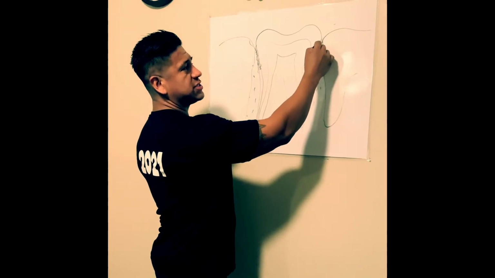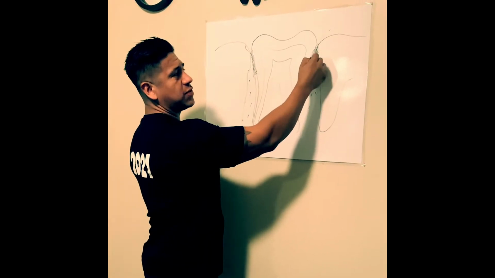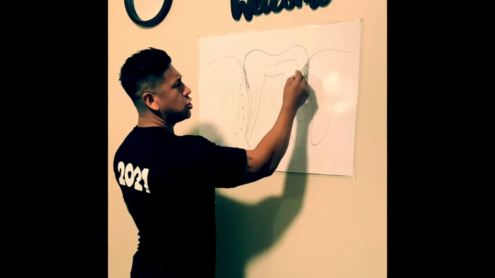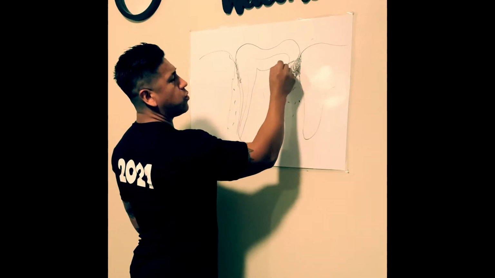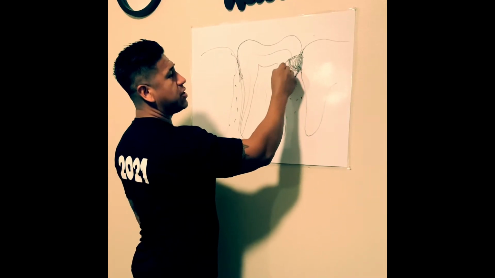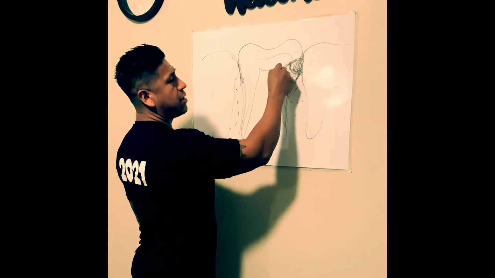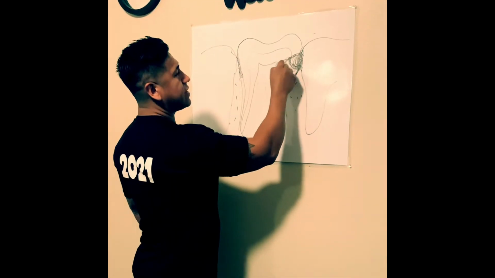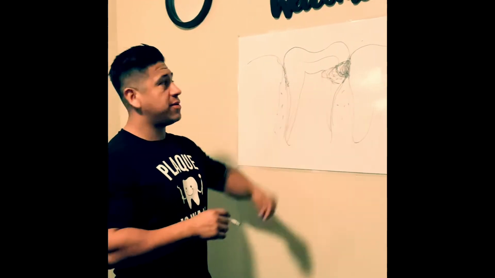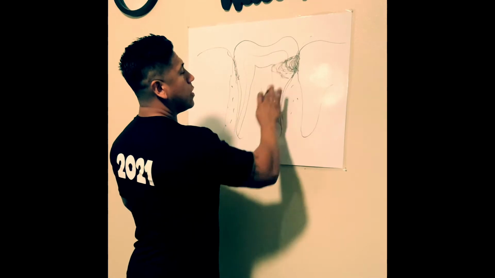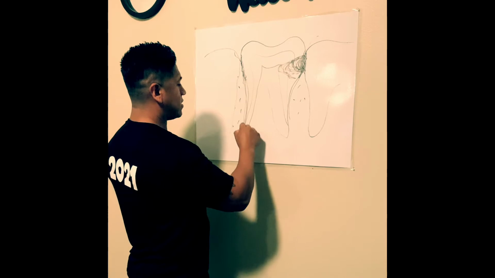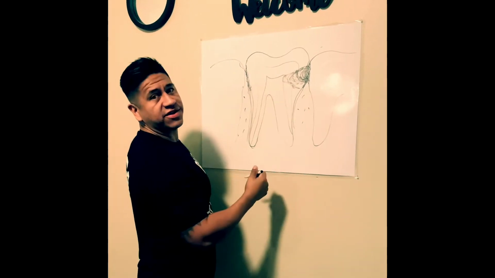Therefore, it slowly starts eating the tooth. It starts eating the enamel. It gets to a certain point where it starts getting a little sensitive, right? If you let it go, it keeps getting bigger and bigger. If you don't attend to it, it gets to the pulp. Therefore, it gets very, very painful. All right, so what do you want to do? You want to brush and floss. That's pretty much how cavities work.